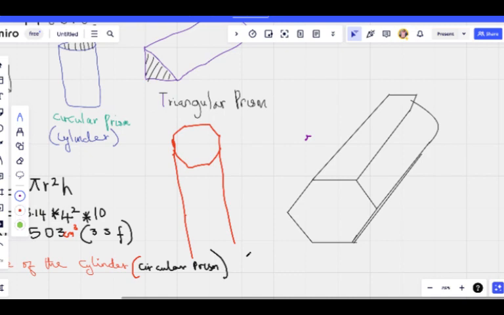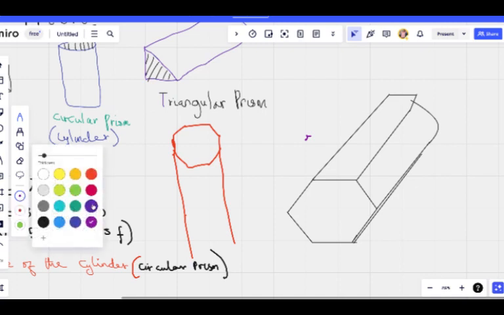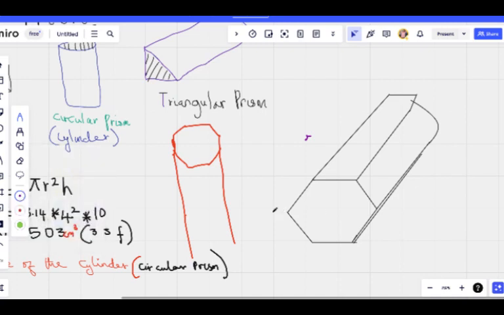They will tell you the height from here to here. You'll be given the height. And let's say the height is 3.5 centimeter. You know, this is like a triangle now.